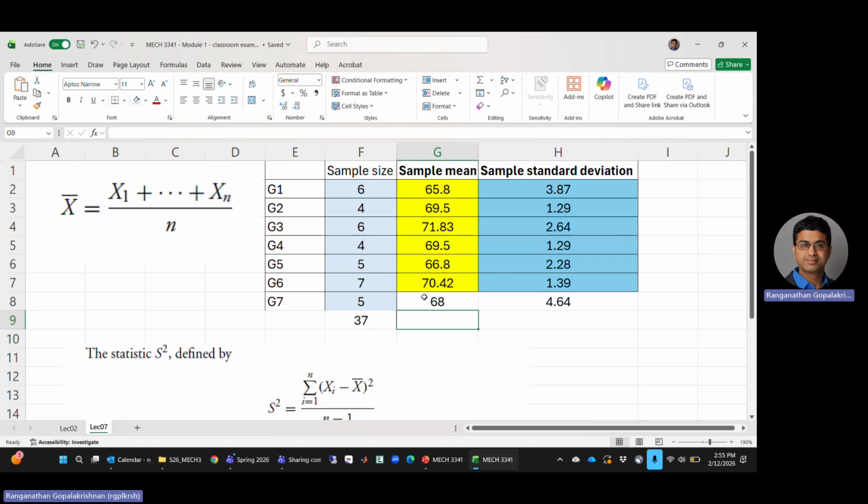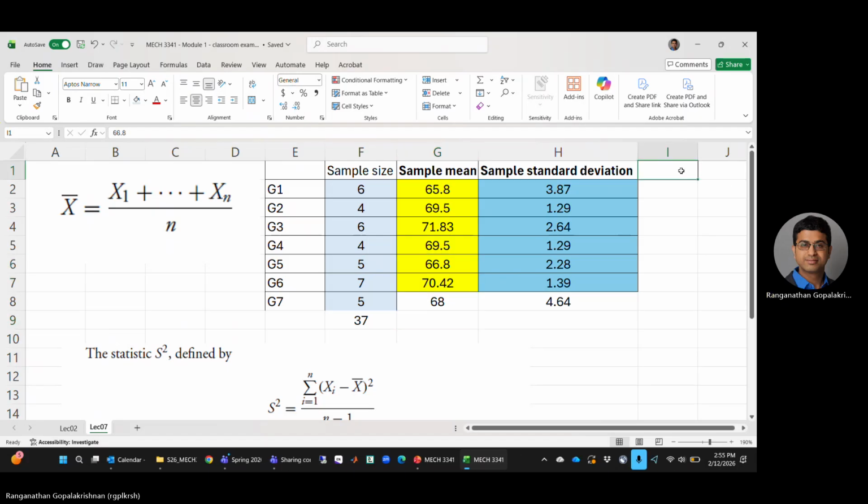Okay, so this sample mean and sample standard deviation, they themselves follow a distribution, and there are some distributions which describe those. Only thing is it becomes mathematically too complicated for our course, so we are not going to go into the details of those distributions, but I'm going to teach you one parameter called confidence interval.